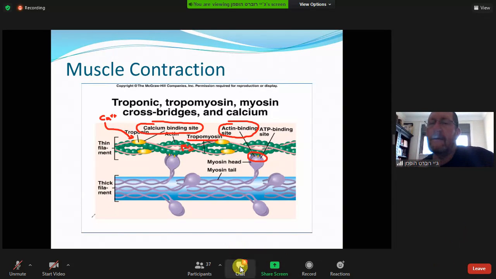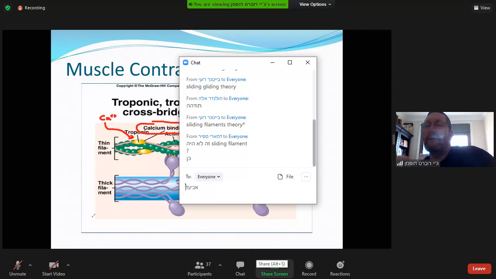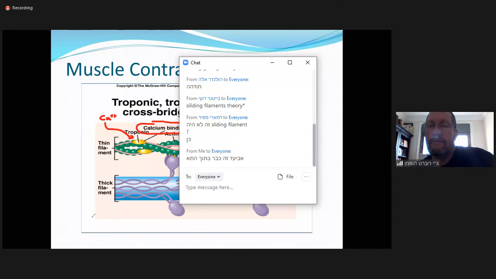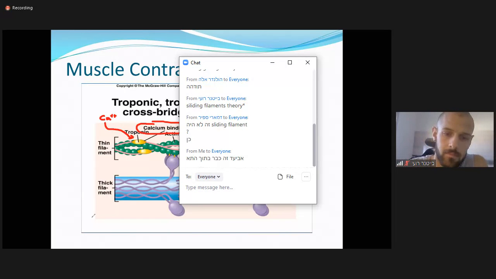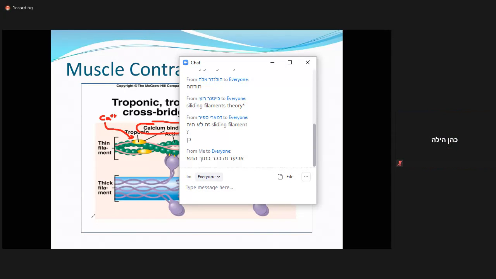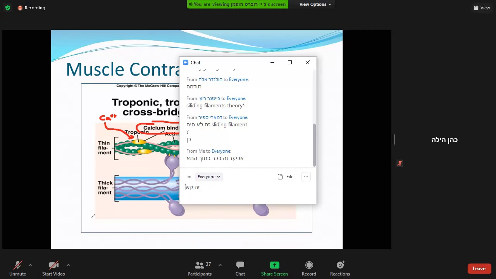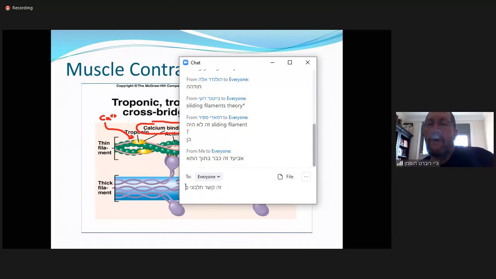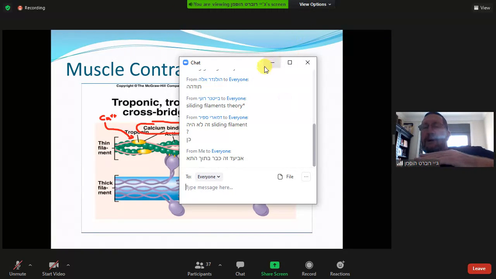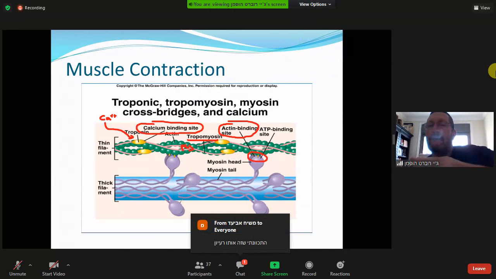Now, here's the key. We've talked about ATP. Everybody knows what ATP is, right? What is ATP? ATP is the fuel of the... Now, where does ATP become important? It's right here. Once calcium came, it created the opening of the active site. Myosin attached.